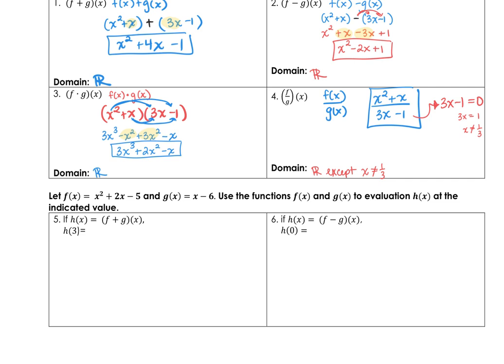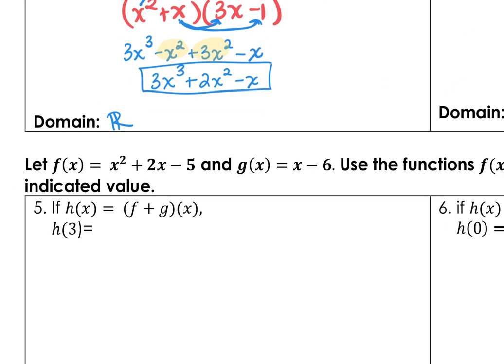And then once you've created this h of x, we're going to pull in what we did with 1.3, and you're going to evaluate h of 3. But first, you have to find h of x. And you're going to find h of x by adding the functions.